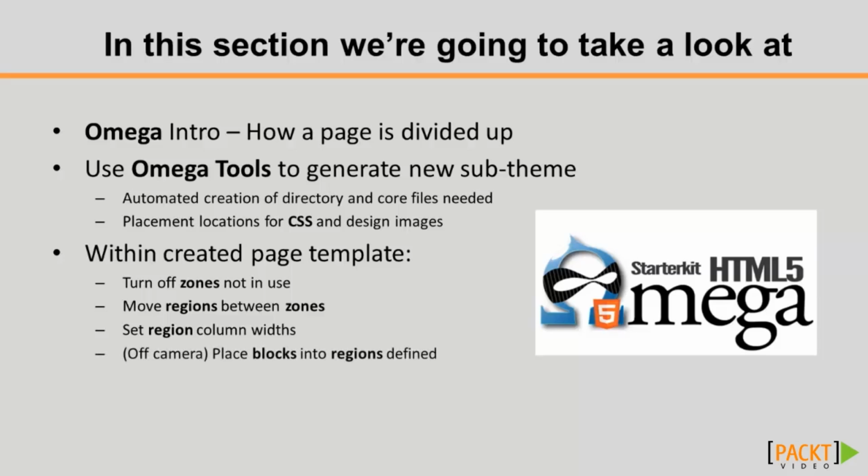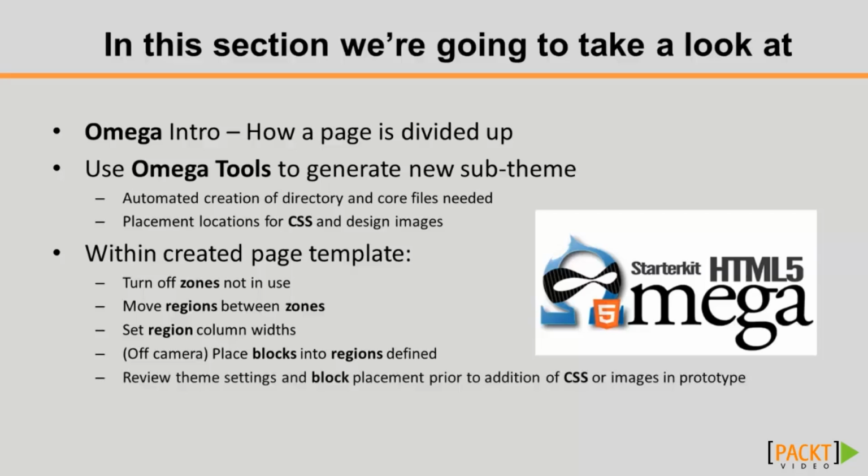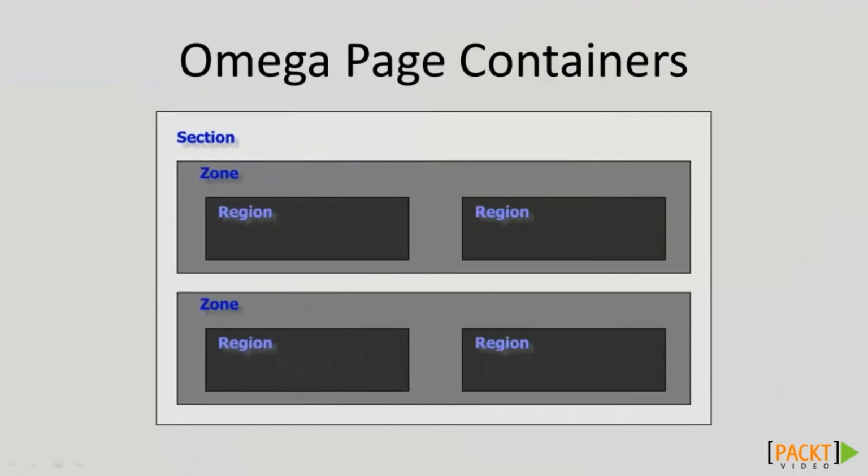And then off camera, I'll actually be moving those blocks into those regions that are defined. And finally, back in Drupal, we'll be reviewing our theme settings and block placement prior to the addition of any CSS or images. How does Omega break down a page? Well, it begins with the three sections you normally find in web pages.